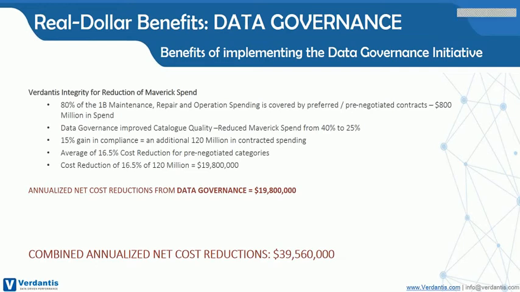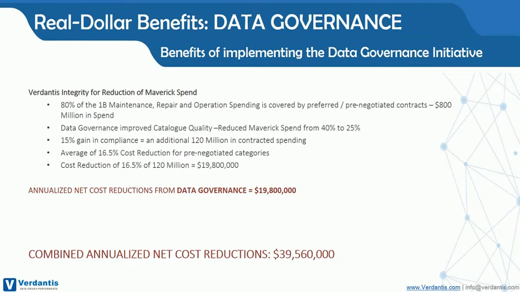In the course of the first 18 months post-go-live, they were able to realize 16.5% savings on average across this incremental 120 million. That netted, in true dollar form, reduced cost for the same items purchased of 19.8 million, bringing the total savings, excluding the 40 million in inventory burn down, to 39.5 million.